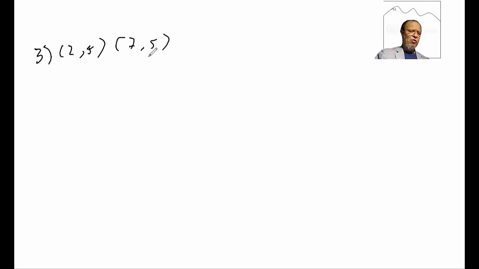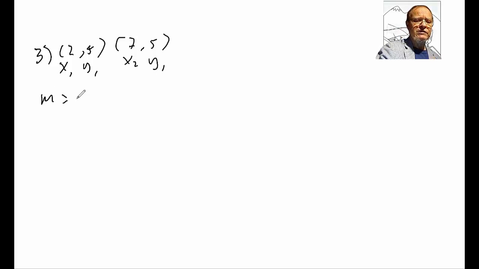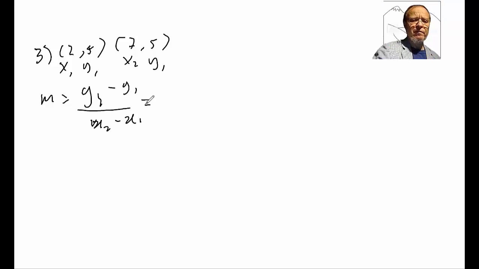And as before, in order to find the slope, I'm going to label x1, y1, x2, y2, so I don't get mixed up. And the slope is equal to y2 minus y1 over x2 minus x1.